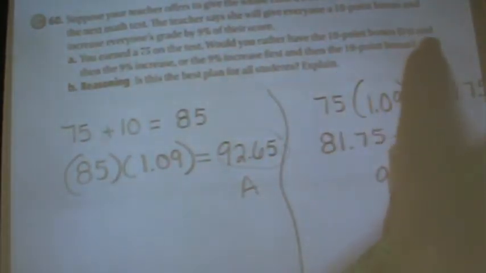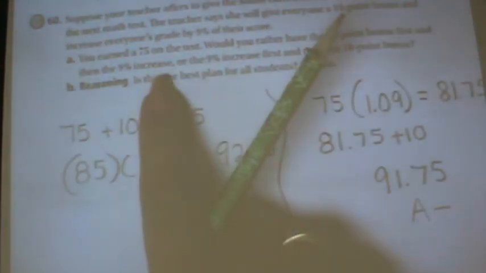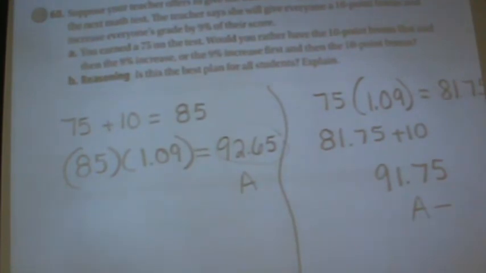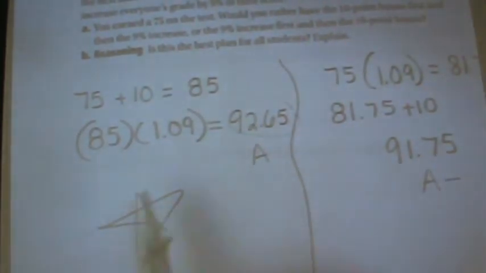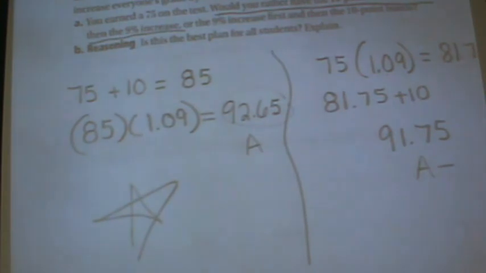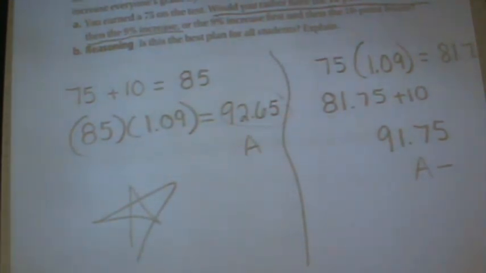So to answer this question, you'd rather have the 9% increase first and then the 10 points. So if someone asks you that question, you'd be able to figure it out, right?